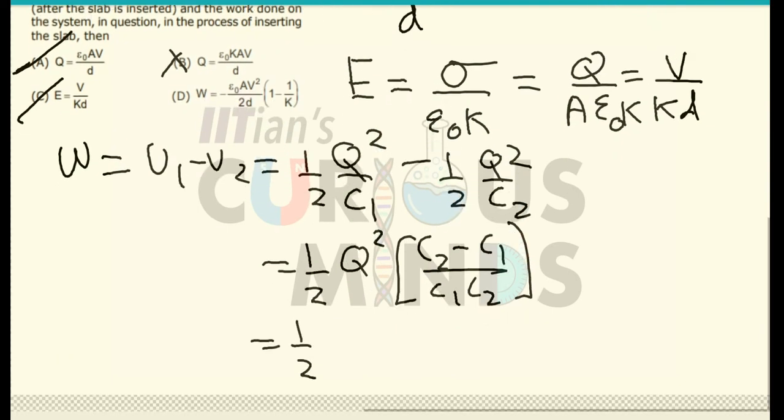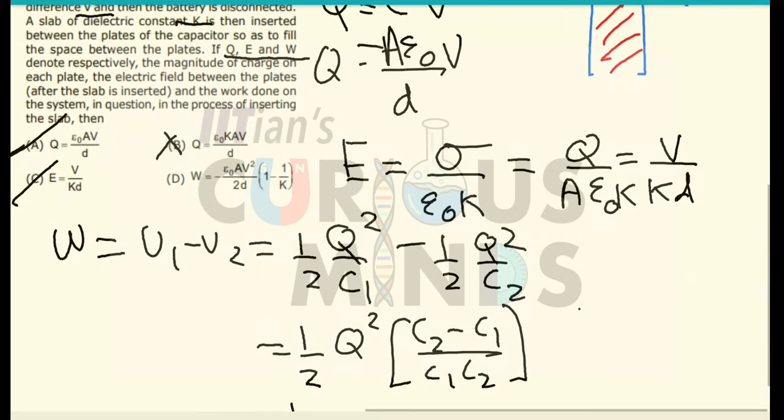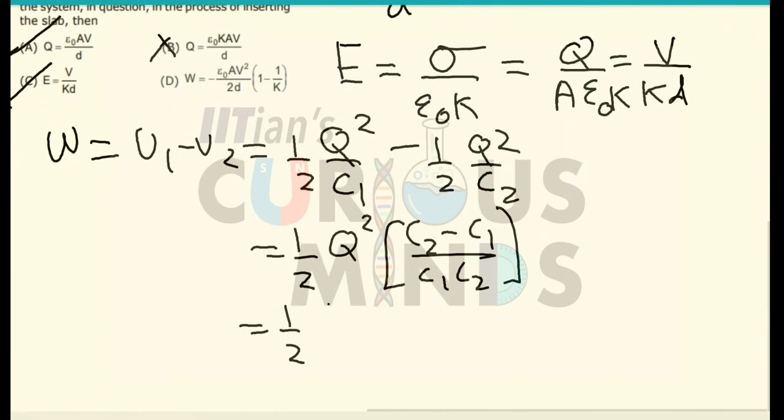Here Q is given by the formula A epsilon naught V by D, so Q square is A epsilon naught V divided by D the whole square.